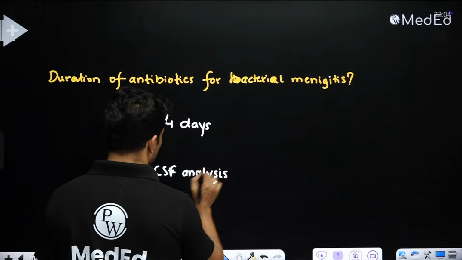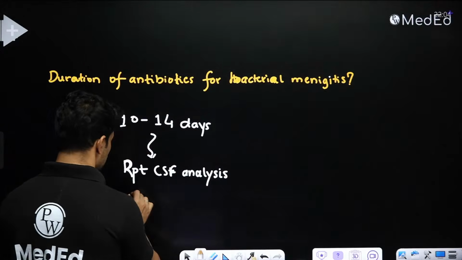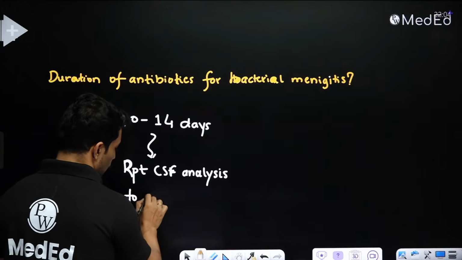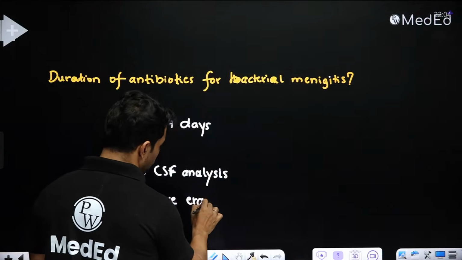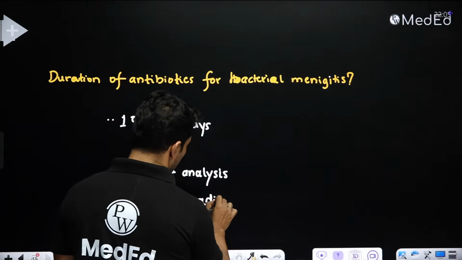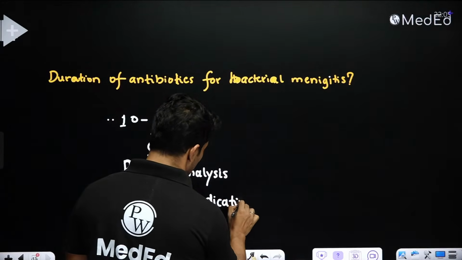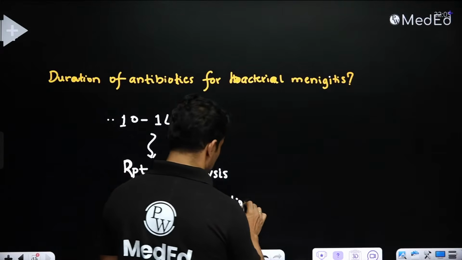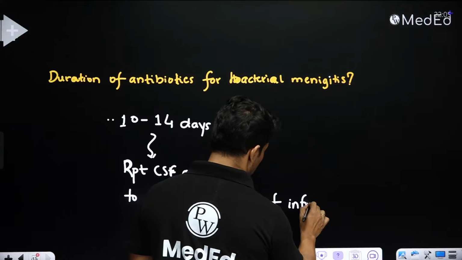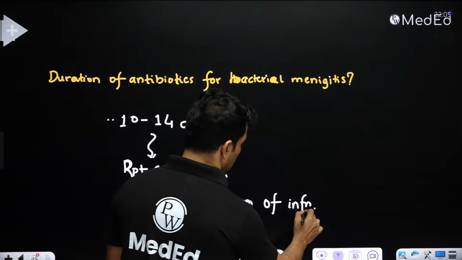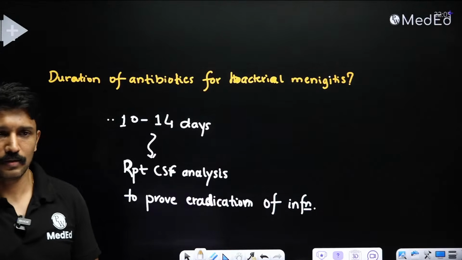So you have to make sure that repeat CSF analysis is done to prove eradication of infection. Only when the repeat CSF comes normal, then I am sure that I have treated meningitis effectively. Till that time, it's not proved that meningitis is cured. Okay, clear?